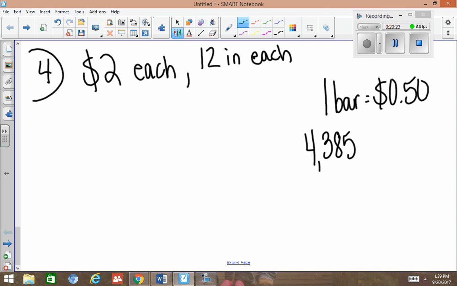Lance thinks we should divide, but what do I divide by? By the 12, because there's 12 bars in one package, right? So if I take this and divide it by 12, it'll tell me my packages? Yes. Okay, so let's do it.